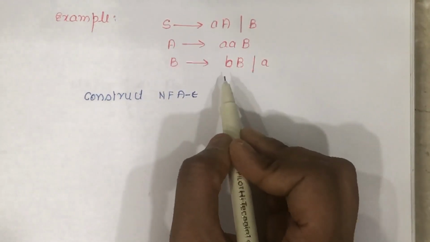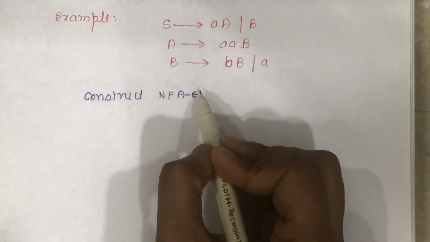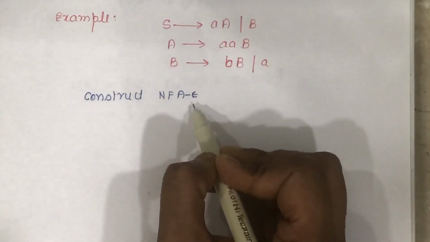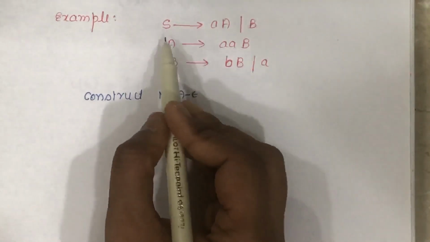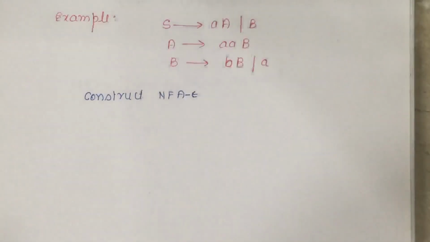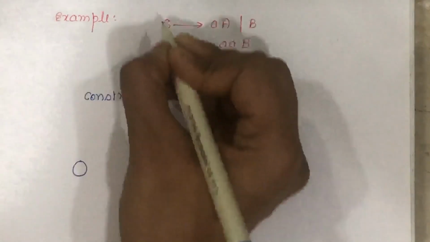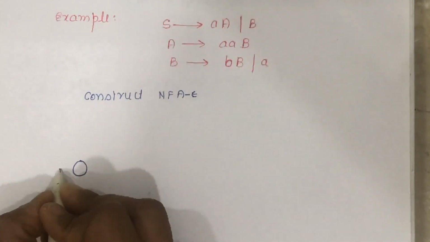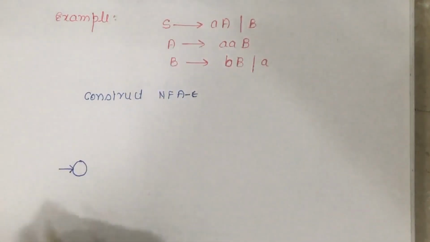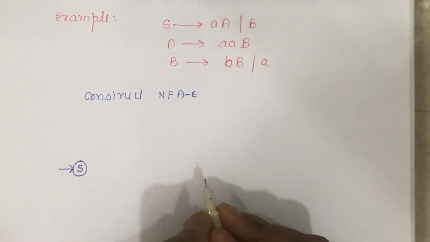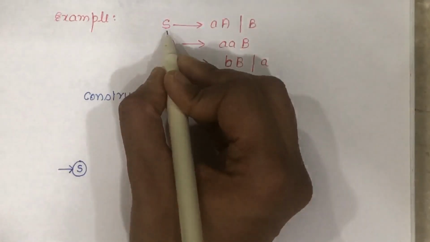Here we'll see a very simple process for converting a right linear grammar into an NFA with null moves. Here the name of a non-terminal can be considered as a state name. So here the start symbol of the grammar is capital S. So in the NFA with null moves we'll create a start state, and the name of this state is, suppose, capital S, same as this.